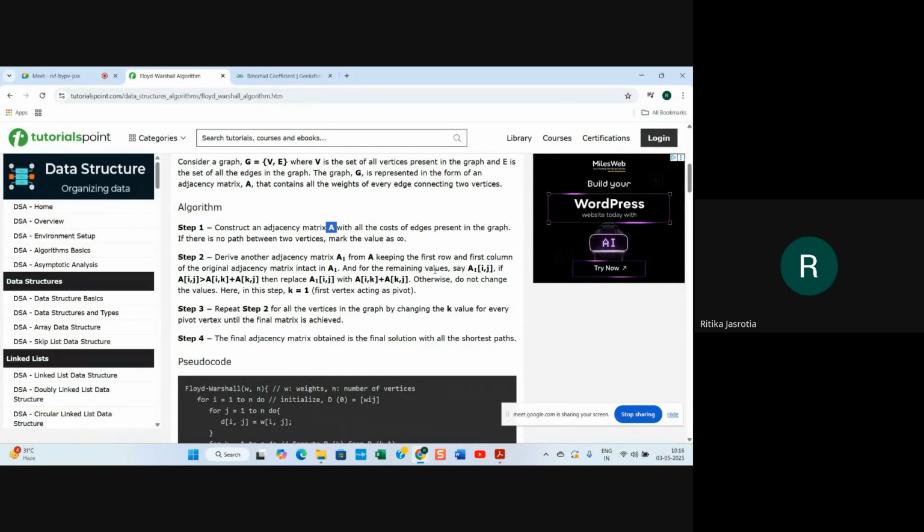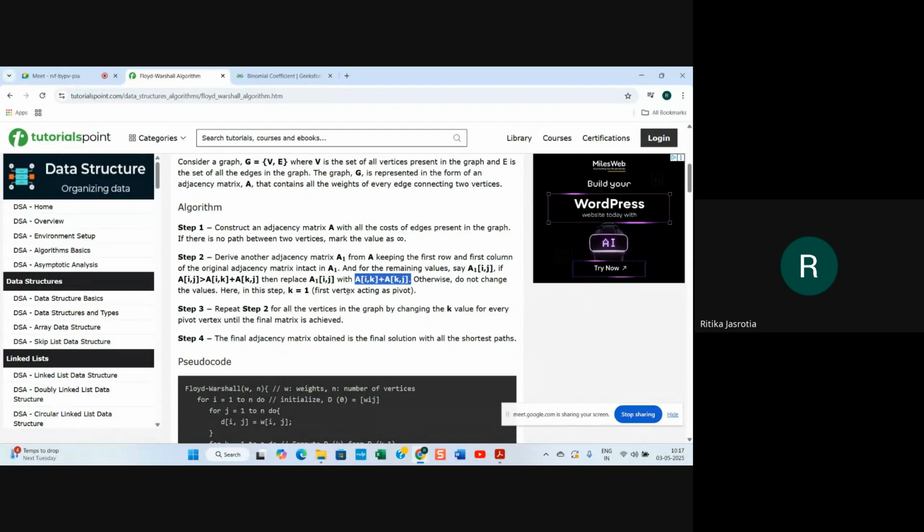So the first row and first column of the original adjacency matrix will remain the same in A1. For the remaining, say A1ij, if Aij is greater than Aik plus Akj, then you will replace A1ij with the value of Aik plus Akj.